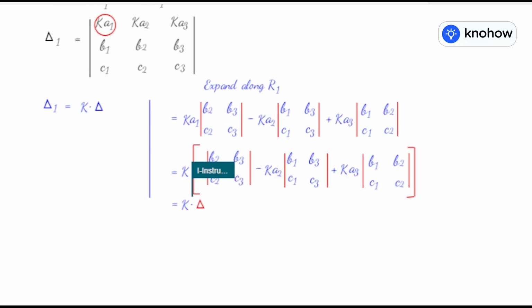Please note, number 1, using this property we can take out a common factor from any one row of a given determinant. What do you mean by this note? Let's take an example. Suppose you are given a determinant 2, 4, 6, 5, 10, 15, and 7, 21, 40.